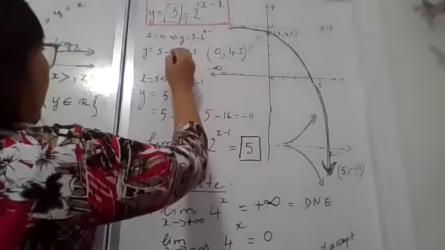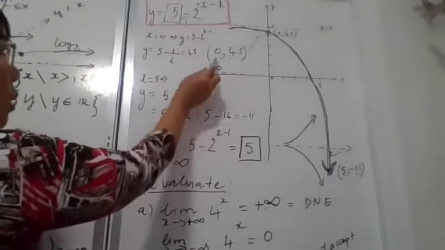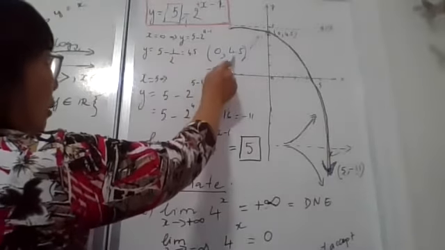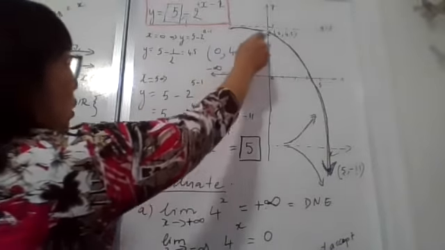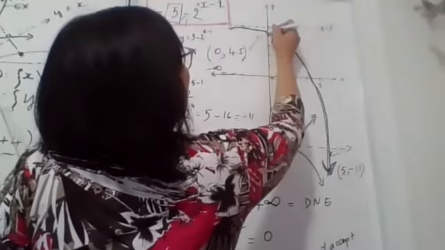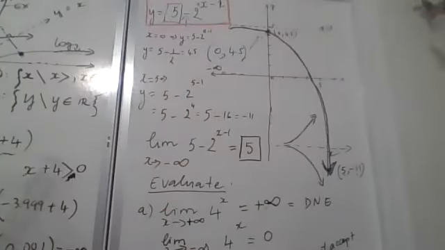This is negative 1/2, so it becomes 4.5. So we know our point is 0 for x, and y is 4.5. So we mark the point right here.